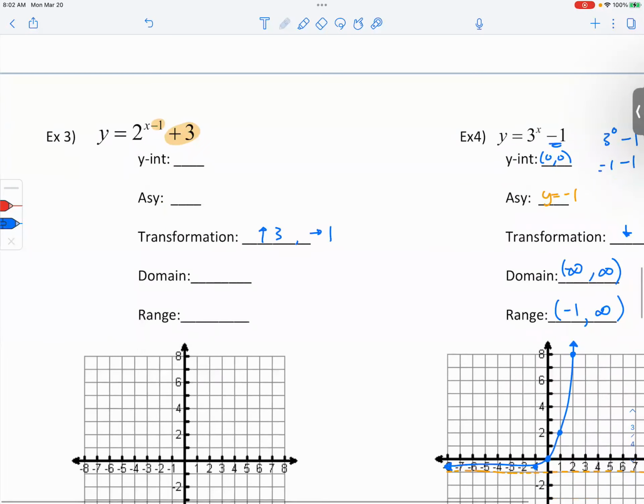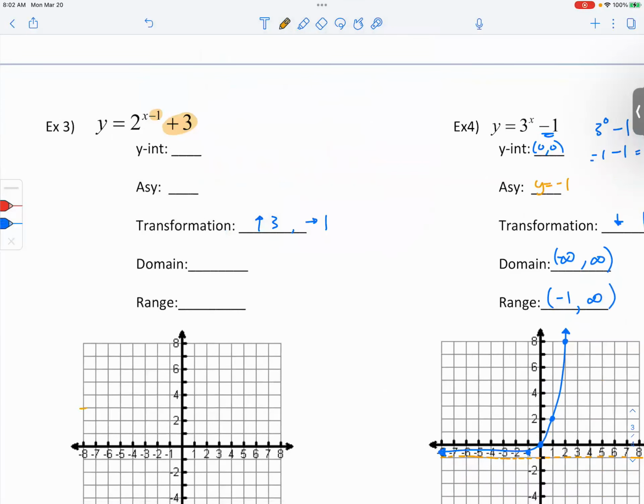You can already tell the horizontal asymptote, which is y equals 3. Okay. Now the other way you can also argue with this horizontal asymptote is this.